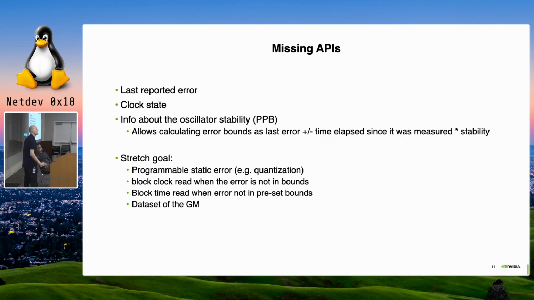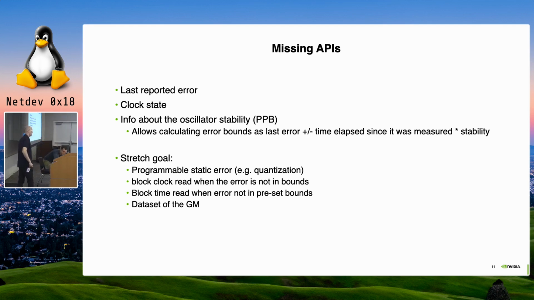So the stretch goals: a programmable static error, for example the quantization error, would be a good thing, because we will be able to add it and accumulate it in the maximum error. Blocking the clock read, so not allowing reads whenever the clock is out of bounds, is something we may also think of, but it's also not part of the initial proposal.